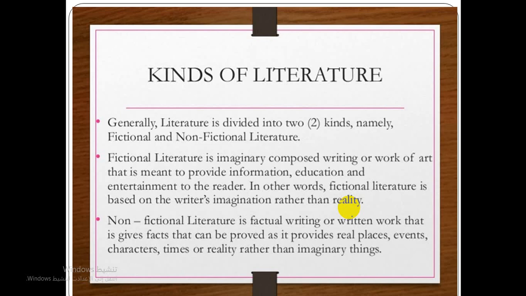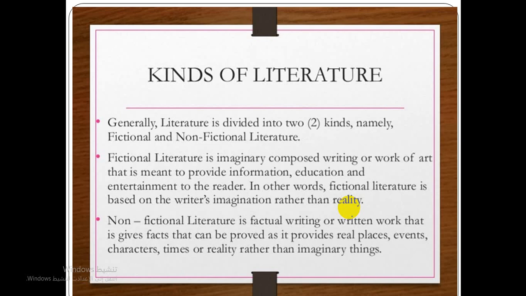The second kind of literature is non-fictional literature. Non-fictional literature is factual writing or written work that gives facts that can be proved, as it provides real places, events, characters, times, or reality rather than imaginary things.